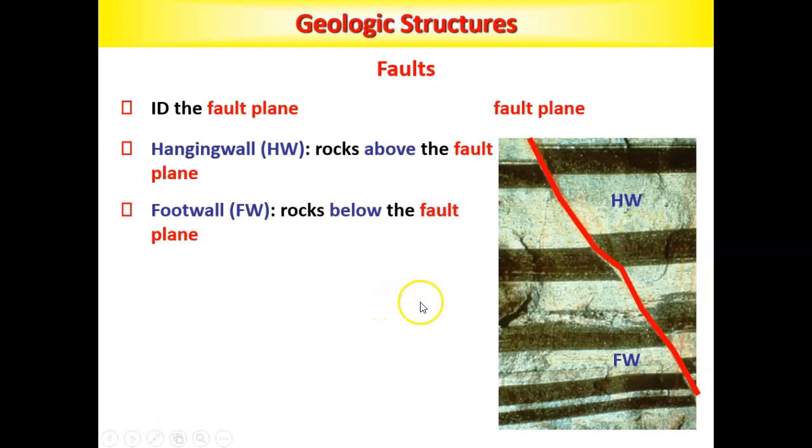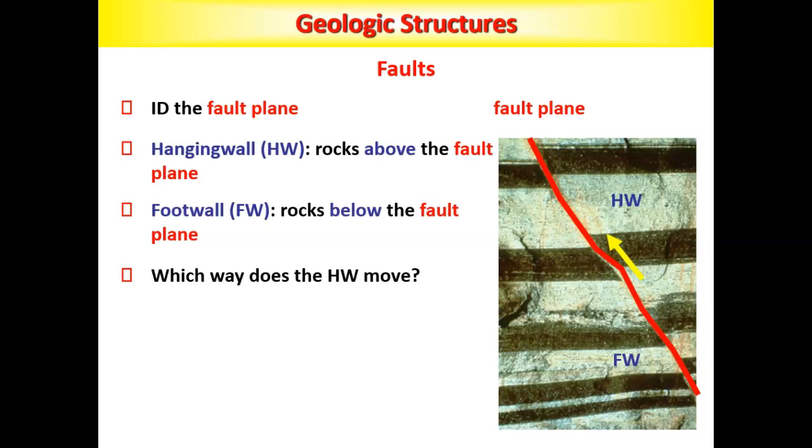So, which way did this fault move? I only care about the hanging wall. And so, relative to the other side over here, which way did the hanging wall move? Right? So we can see that the hanging wall moved up relative to the footwall. Okay? And that's how we're all going to evaluate this structure.